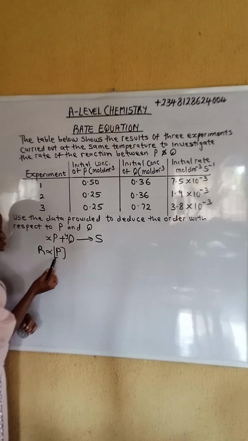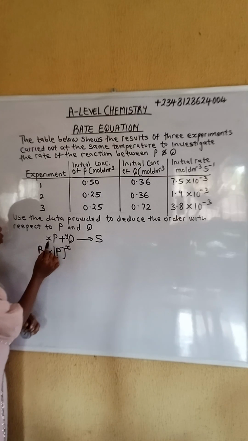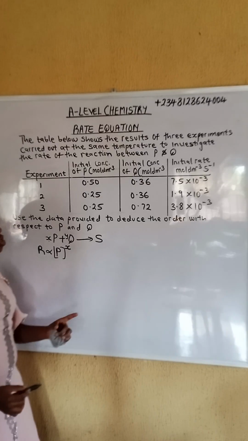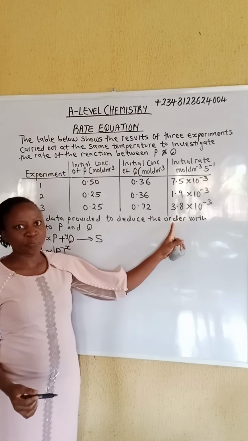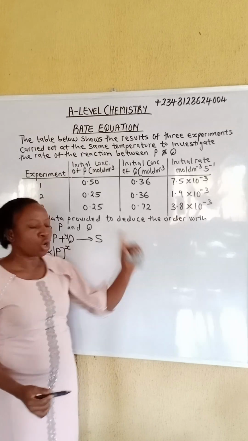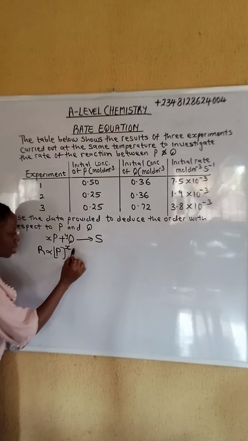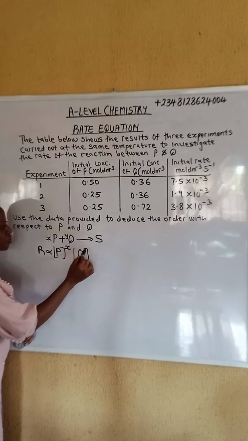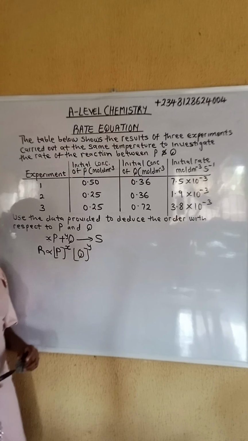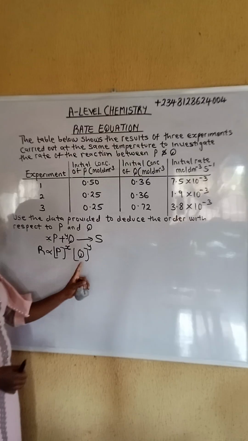So P to the power of X. This number of moles, this X, is known as the rate order or reaction order. So we are looking for the reaction order, which is X. Then the other reactant, Q, to the power of the reaction order for Q. So this is our rate equation.